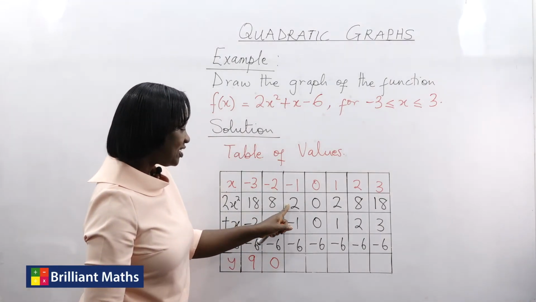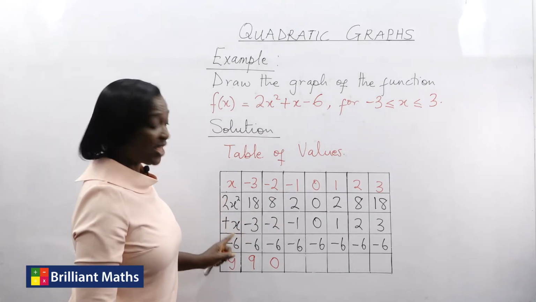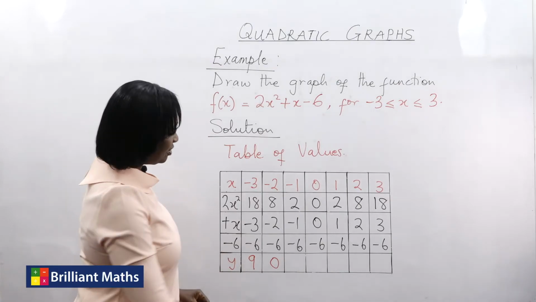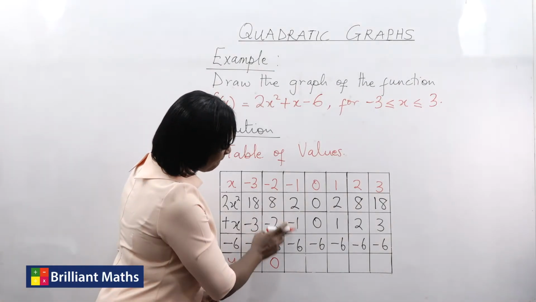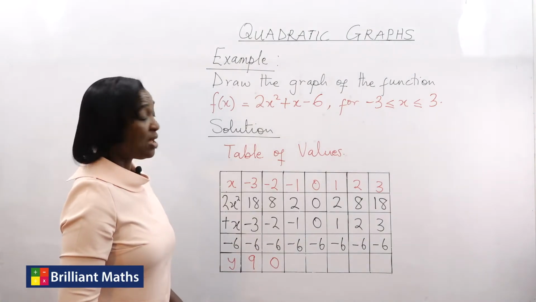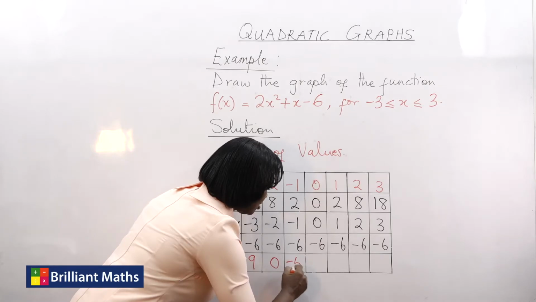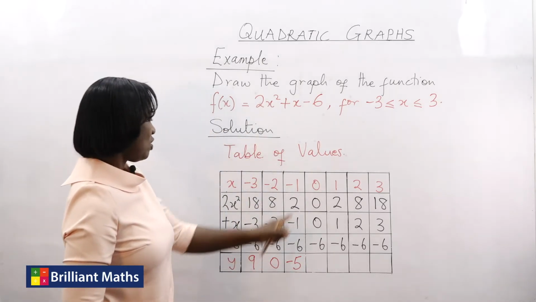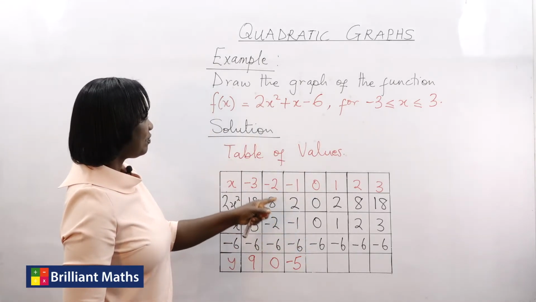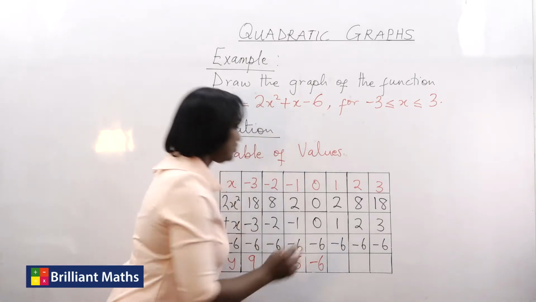When x is minus 1, 2x squared plus x minus 6 will be 2 minus 7. Because minus 6 minus 1 is minus 7. So 2 minus 7 will be minus 5. When x is 0, y will be minus 6.